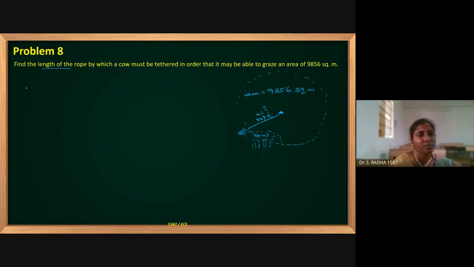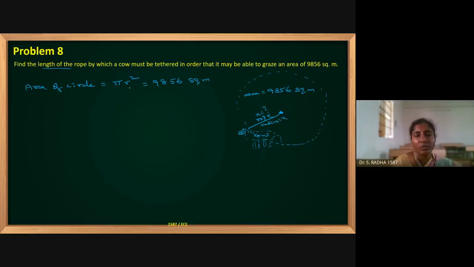The area of the circle is given, which is nothing but pi r square, and the value is given: 9856 square meters. The r value is the radius of the circle, which is x.